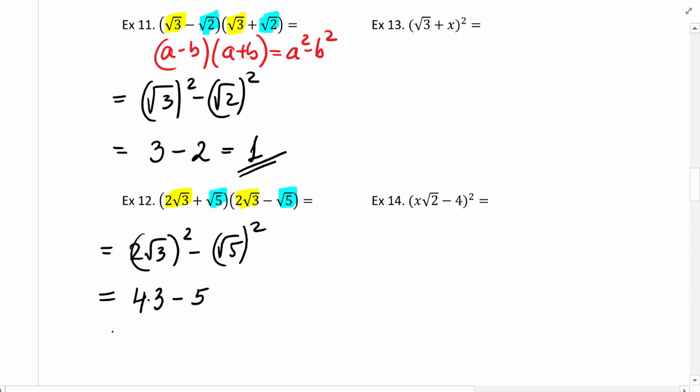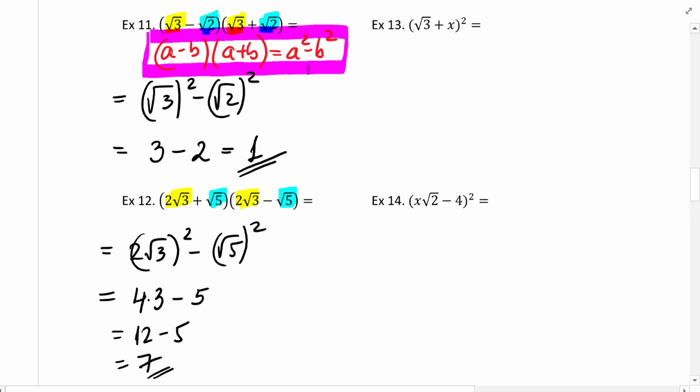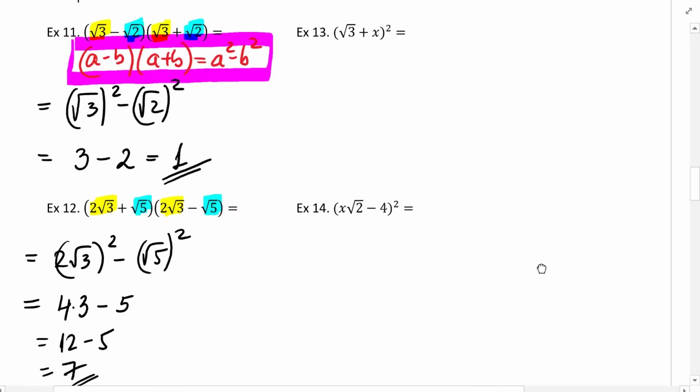Minus 5, so we get 12 minus 5, which is 7. So for problems 11 and 12, we actually use the formula a minus b, a plus b equals a squared minus b squared, which was learned when we talked about polynomials, difference of two squares, right?